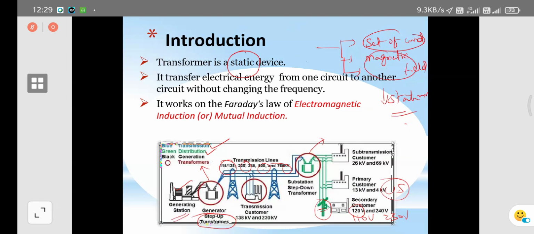They were a little confused while giving the answer to me, because the transformer doesn't have any clockwise or anti-clockwise direction. The transformer is a static device. There are no rotating parts, because if you consider the conductors and magnetic field, both are stationary here. That point you have to remember.